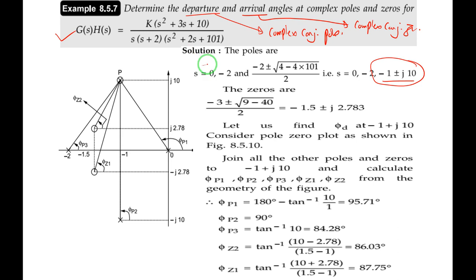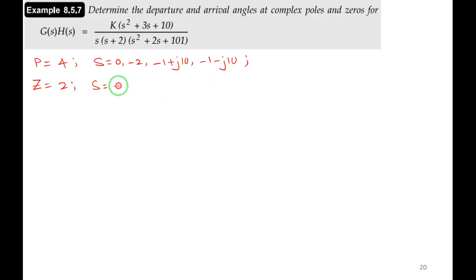The zeros are minus 1.5 plus j2.78 and minus 1.5 minus j2.78. 2 zeros are there.